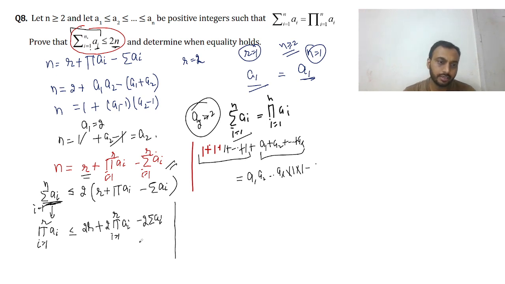So this ultimately leads us to prove that the product of ai, i is equal to 1 to r, is greater than or equal to twice the summation of ai minus twice r, right? So that we have to ultimately prove.